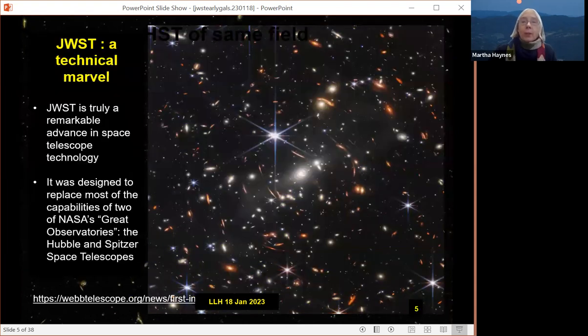It's also important to point out that JWST really is a technical marvel. It cost a lot of money and took a lot of time, but the real reason is that it uses technology that didn't exist even 10 years ago.